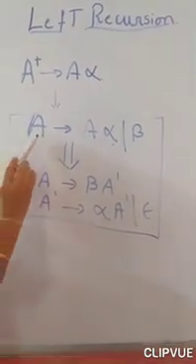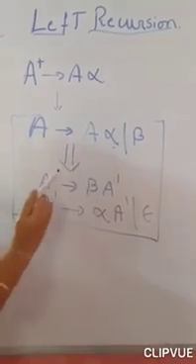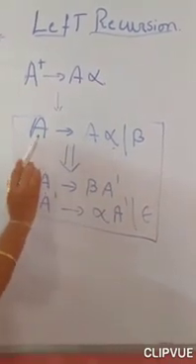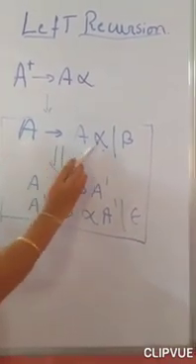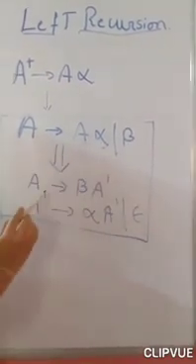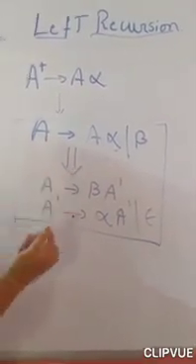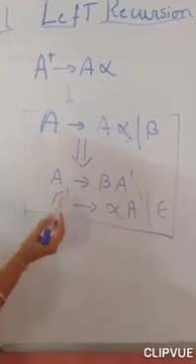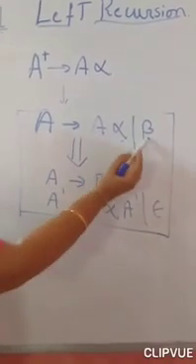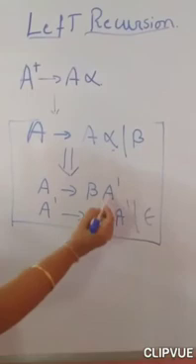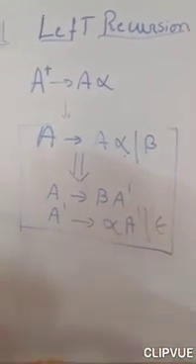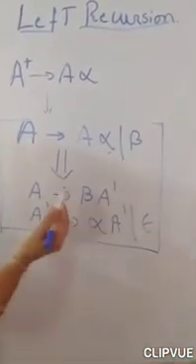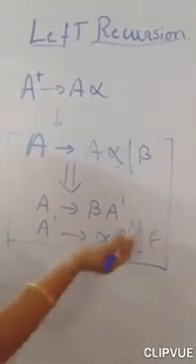Suppose you have an immediate left recursion of this form, then what we have to do: if you have A derives A alpha or beta, then we can write this production as a set of two productions, A derives beta A dash. A dash is one more non-terminal that we are adding. It is not compulsory that it should be A dash only.